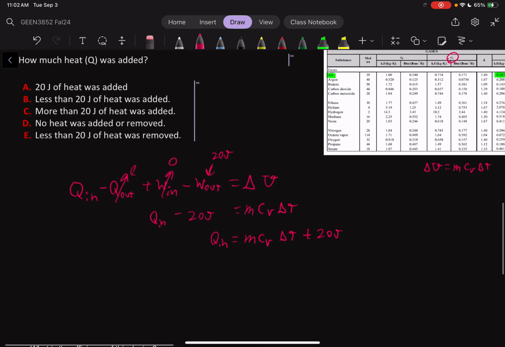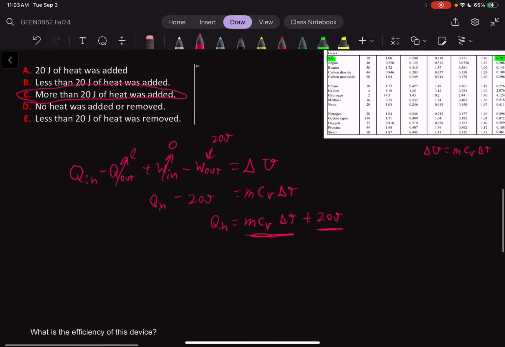And so this makes it pretty obvious here that we need more than 20 joules of heat added, because some of our heat is going into the internal energy of that system, and some of that heat is going to the work output of that system. And so I need more than 20 joules of heat in to do 20 joules of work output.